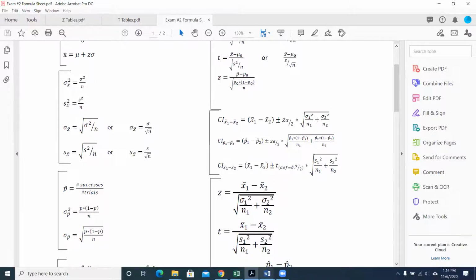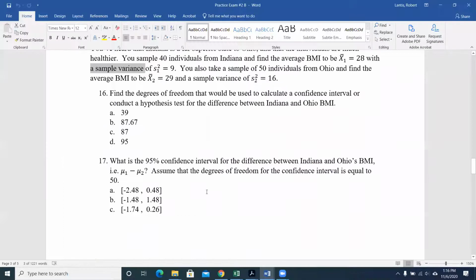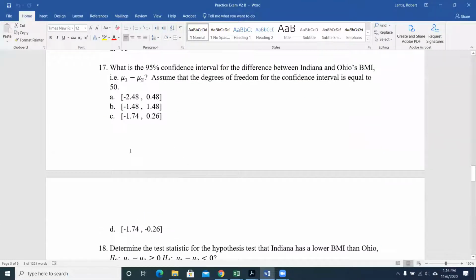Now, for the sake of time on these, what I would suggest, this one has repeated answers, so this is a bad example. I probably just ran out of different ways. Once I calculate the lower bound here, I'm going to be able to identify the correct answer. So you don't have to calculate the lower and the upper bound if you don't want to, just for the sake of time.